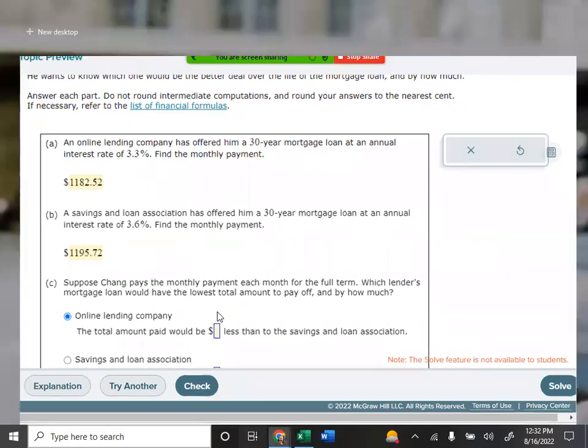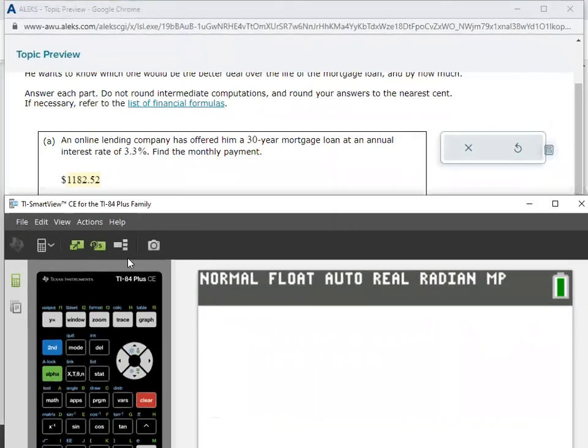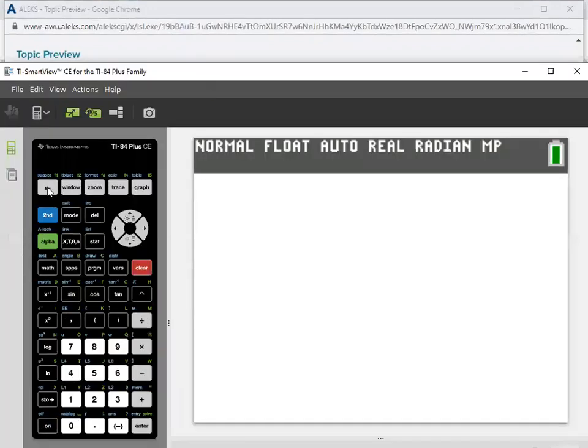Then it says, so how much more are you going to pay total? Well, it's not too much more, so it probably doesn't make a big difference, right? Well, maybe. So the difference is $1,195.72, that's the monthly payment for one of them. Let's find the monthly payment for the other.